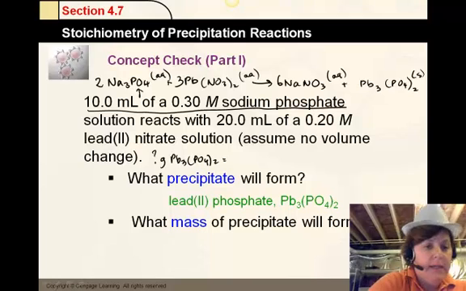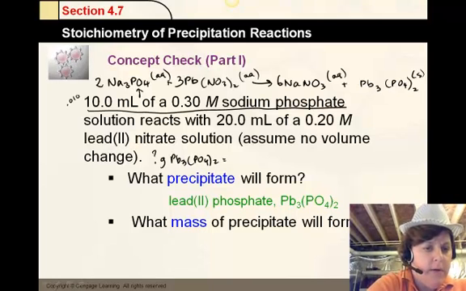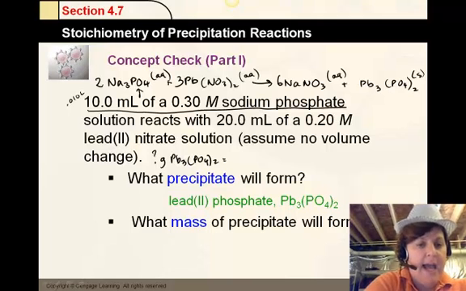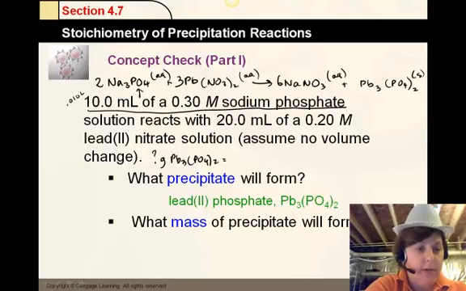Now, 10 milliliters is 0.010 liters. And 0.3 molar is the concentration. If I multiply 0.01 by 0.3, I actually can get 0.003. And that's the number of moles.